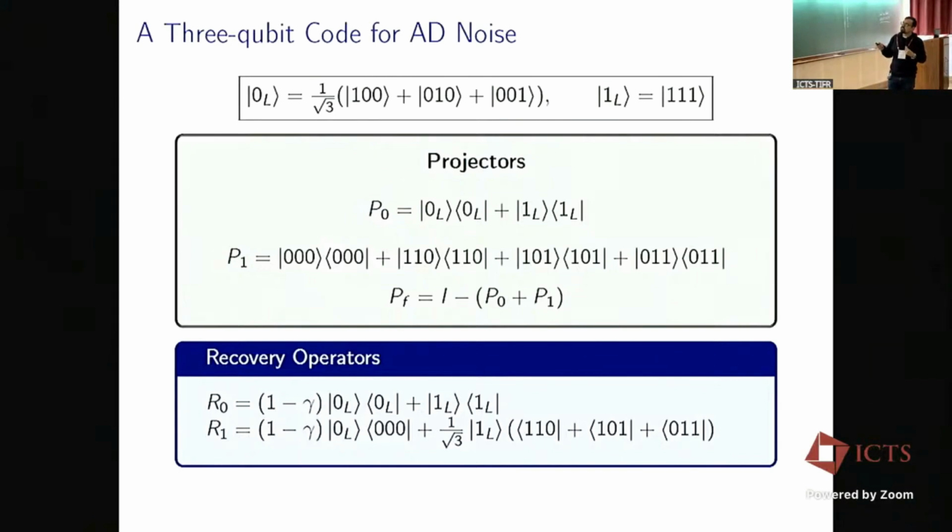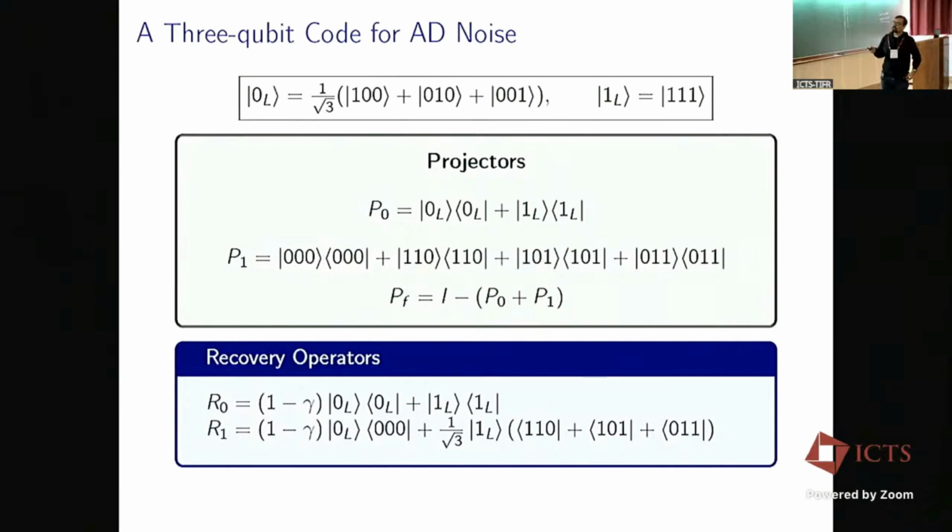We construct these 3 projectors: P0, which is the projector on the code space, P1, which is the projector on the error subspace introduced by this first order damping, and PF, which is just to make things complete.